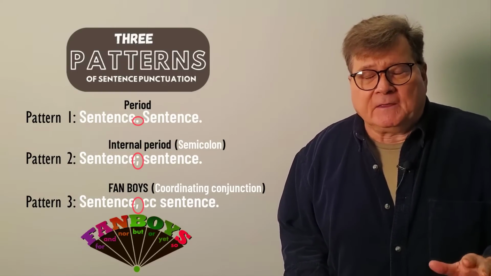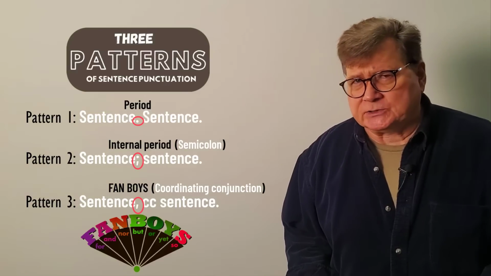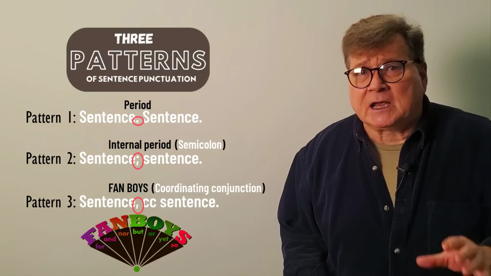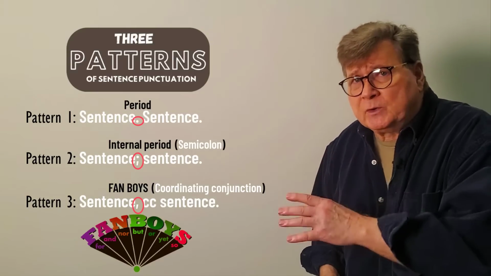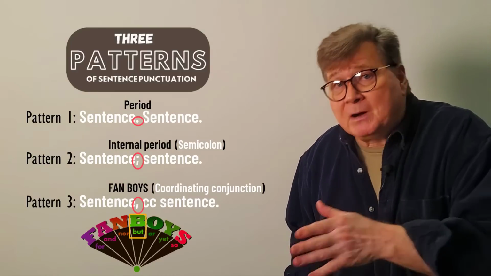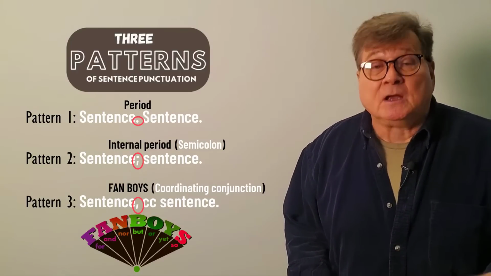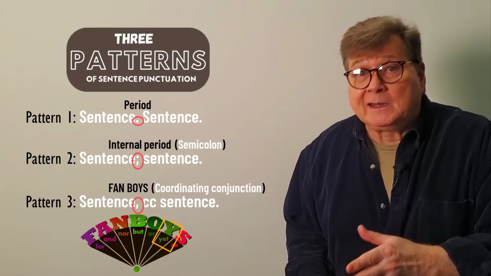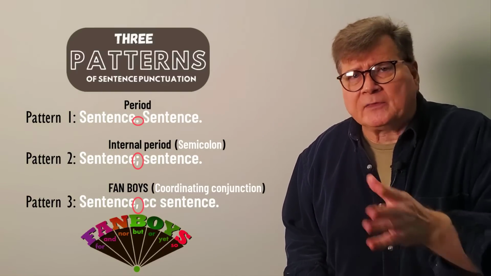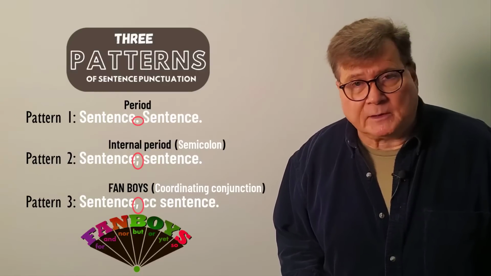Just know that they are coordinating conjunctions. And also know that any of the fanboys can follow a comma between two sentences. This is a sentence, comma, but this is also a sentence. This is a sentence, comma, yet this is also a sentence. And so on throughout the entire list of fanboys.